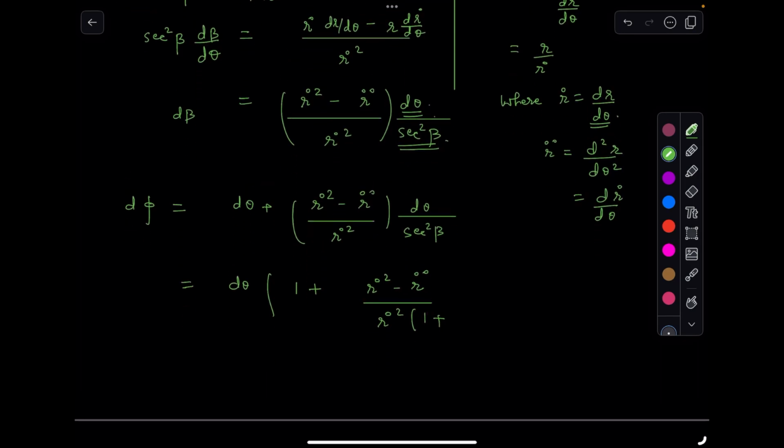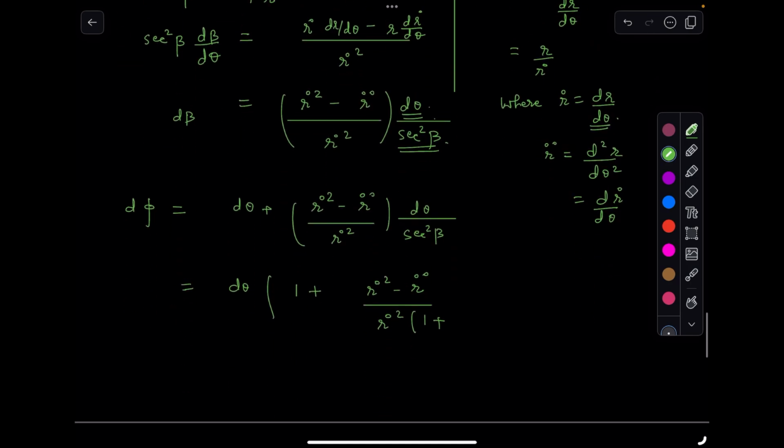Tan beta is nothing but r square divided by r dot square.